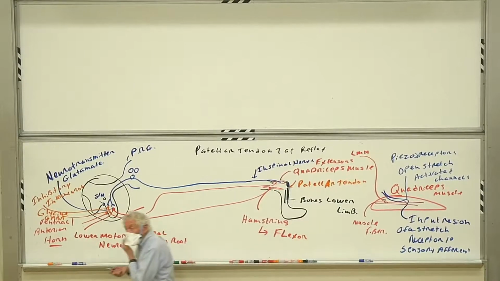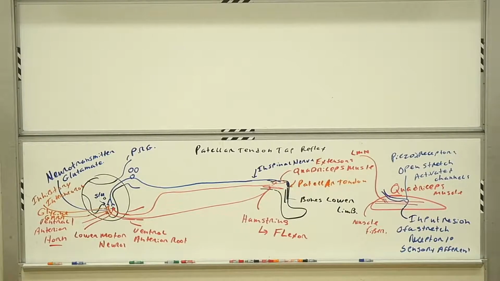Yes? If you did that, would then the hamstring be the extensor and the quadricep be the flexor? So all we're saying here is that this muscle was always an extensor, because that's what it always does. This is always the flexor, because it's always what it does.